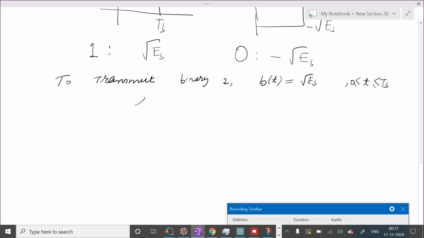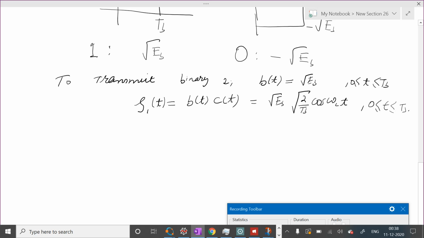What we will need to do is write s1 of t equal to b of t times c of t, that is root Eb times the carrier, that is under root of 2 by Tb cos omega_c t, for 0 less than or equal to t less than or equal to Tb.